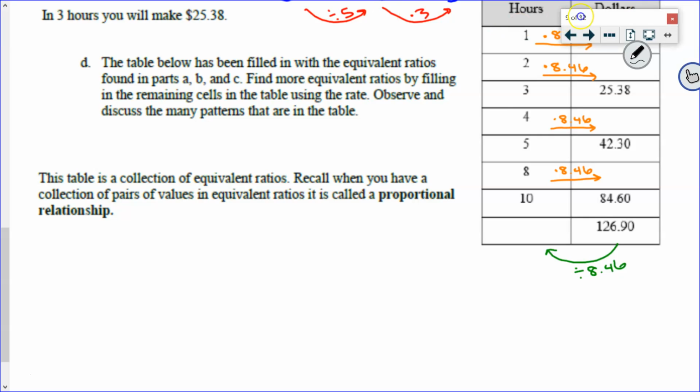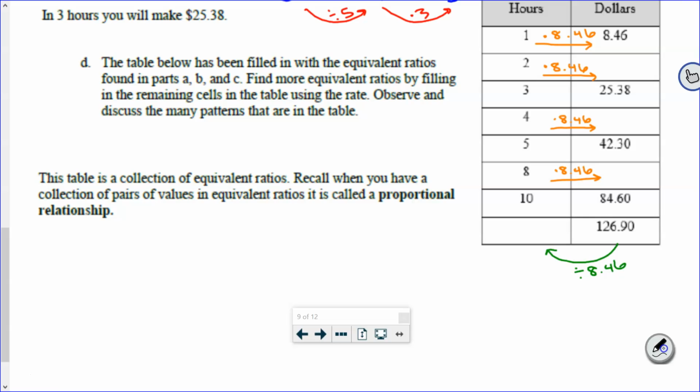And 2 hours, how many dollars are you going to be making? Thank you for those hands, Trinity. Oh, right answer, wrong question. 2 hours, how many dollars? CJ. $16.92.